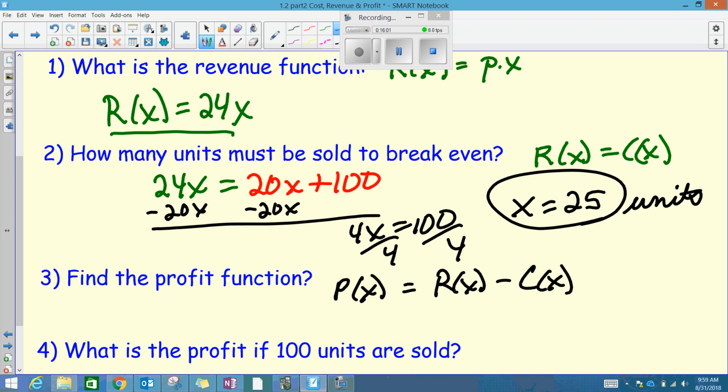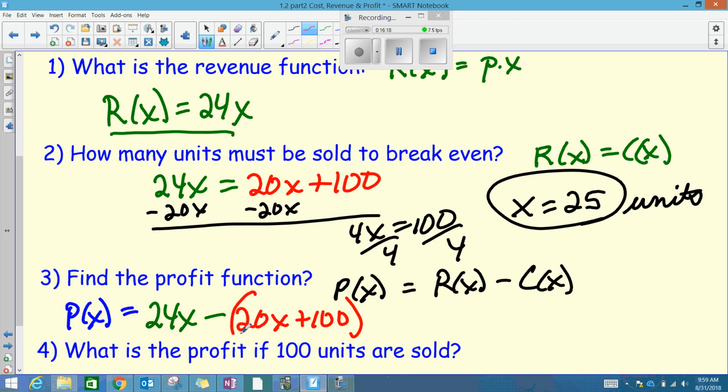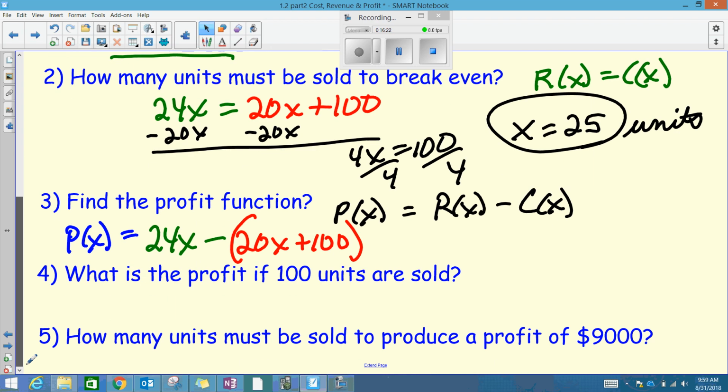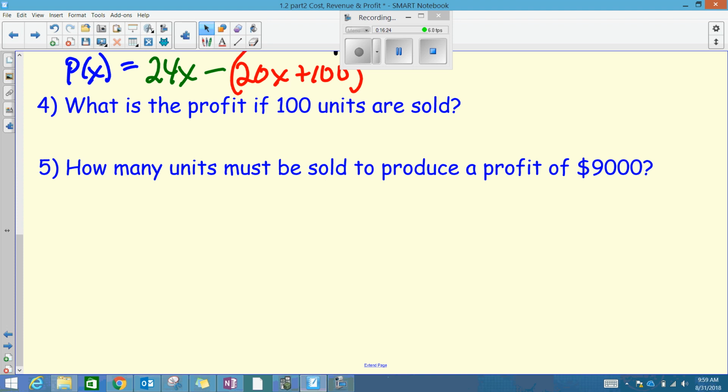Colors aren't doing very well. So profit function is going to be our revenue function, which is 24x, minus our cost function, which was 20x plus 100. And always make sure when you're subtracting an expression like that, you put it in parentheses, because you have to distribute that negative.